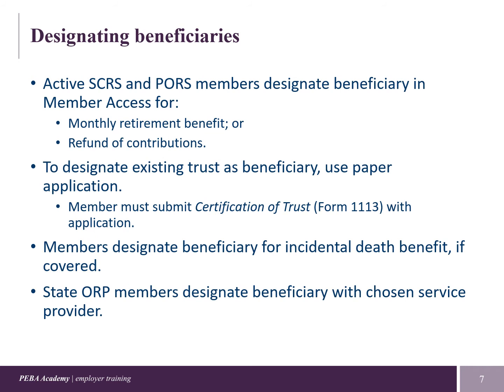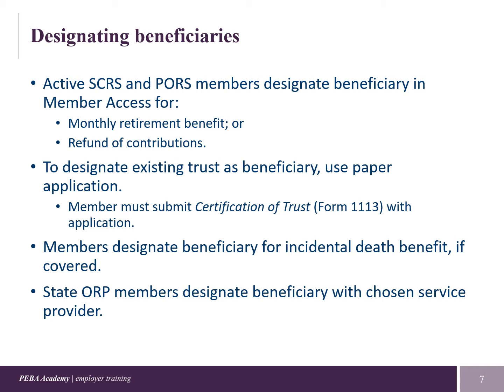If a member is active in SCRS or PORS, he may designate or update beneficiaries in Member Access for a monthly retirement benefit or refund of contributions. If the member wishes to name an existing trust as his beneficiary, a paper application is necessary. Use Form 1113 Certification of Trust.